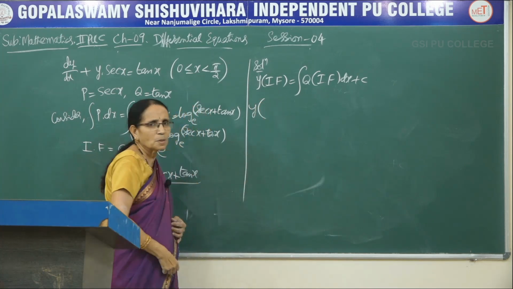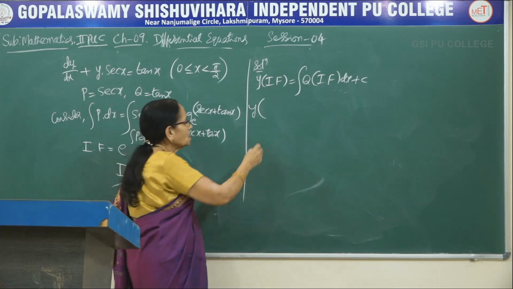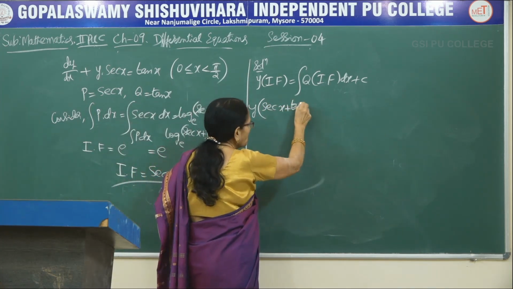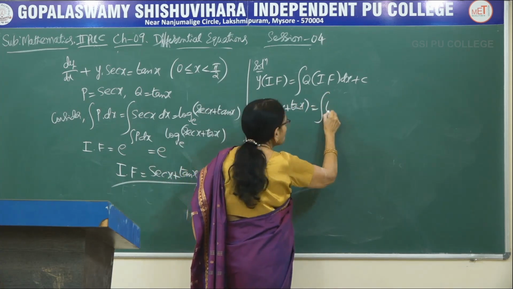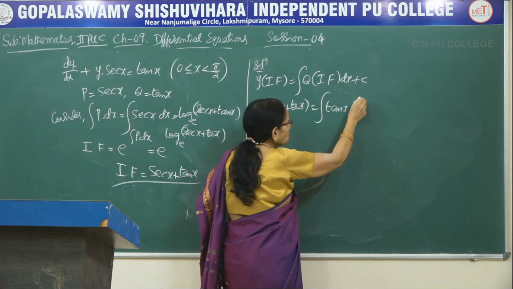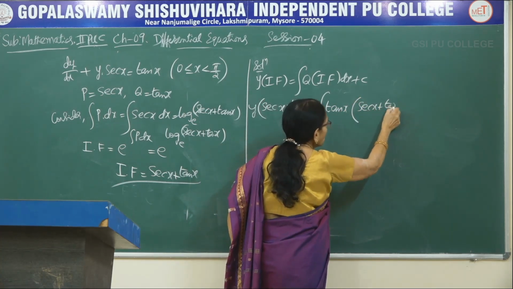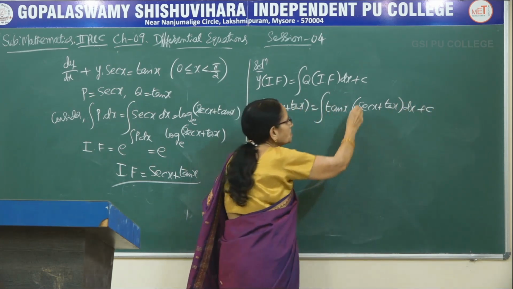See, in the earlier problems, the integrating factor was a comparatively smaller function. Here it is a sum of two functions, secant x plus tan x, that's equal to integral Q. What is Q here? Q is tan x into secant x plus tan x into dx plus the constant.